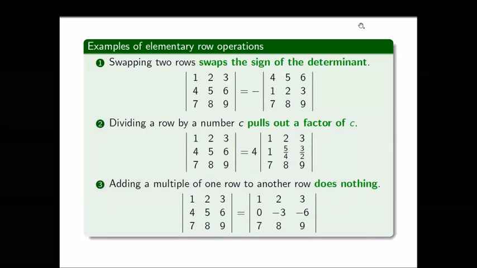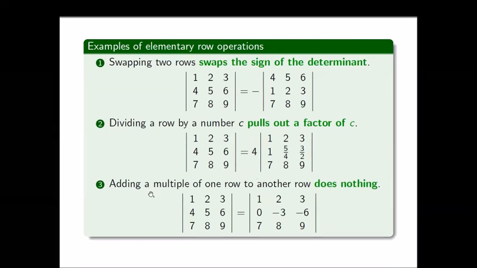Here are some examples of elementary row operations and their effect on determinants. In the first example, we see two rows being swapped, and the determinants on the left and the right-hand side differ by a factor of -1. In the second example, we've pulled out a factor of 4 from the second row, and the determinants differ by a multiplicative factor of 4.